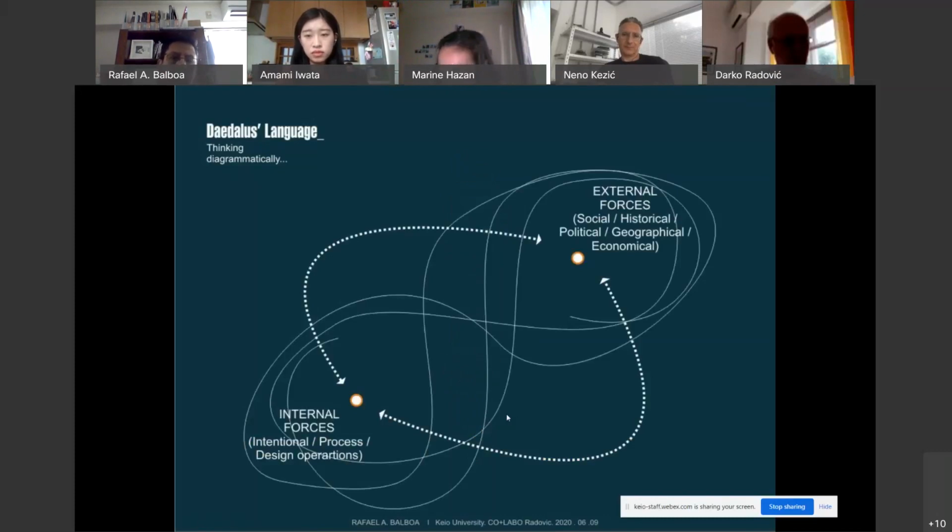We have external forces, which, specifically in a project, could be social, historical, political, economic, geographical. It could be the weather, the cost, the materials, different kinds of constraints which are happening externally from you and that you have to render in this diagram. And then the internal forces, which are, of course, more intentional, more related to the process of design, and show precisely the operations that we are doing in the process of design.